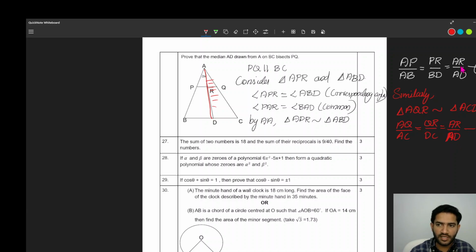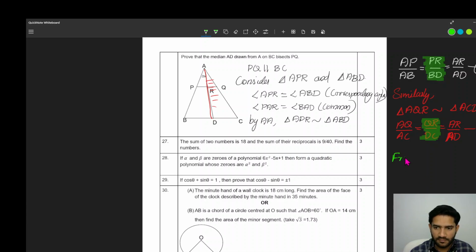In equation number 1 and 2, AR by AD is common. So we can say that PR by BD is equal to QR by DC, because the right sides are equal from 1 and 2.